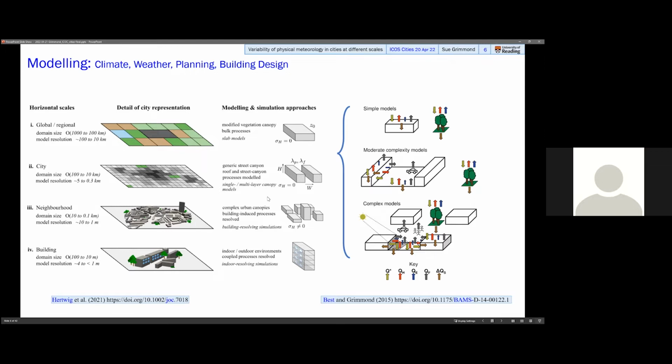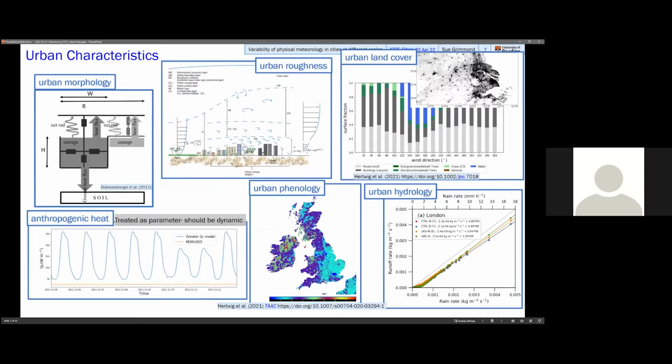So what we ideally need is detailed models that are two-way coupled into a larger areal extent model. So for example, if we were using large eddy simulation modeling, we would want to have it coupled into a regional model and then into a global climate model or global weather model to ensure that we're getting the correct atmospheric forcing for all of the models.